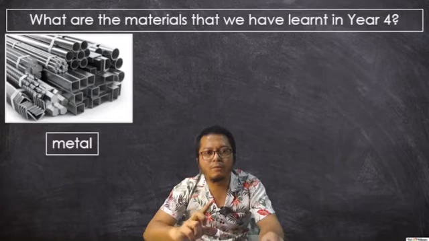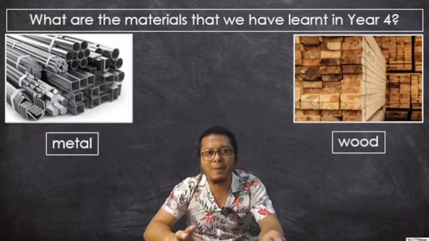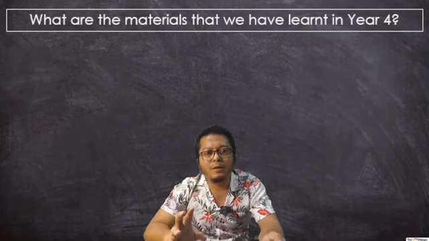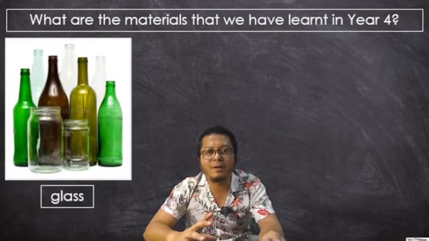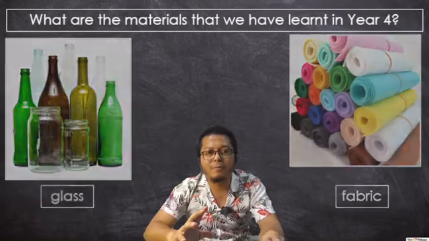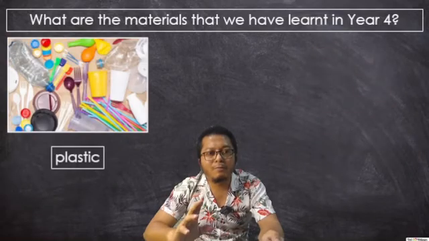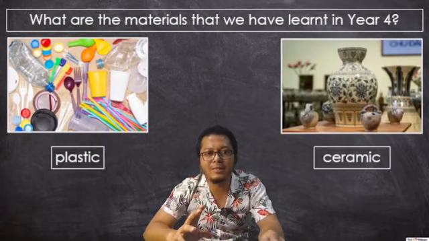Remember? So the first one would be metal, and the second one would be wood. Some objects are made from wood. And the third one would be glass. Some objects are made from glass. And then fabric. Some objects are made from fabric. And plastics, obviously here in the picture many objects are made from plastics.